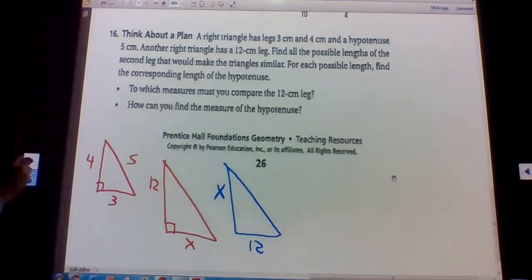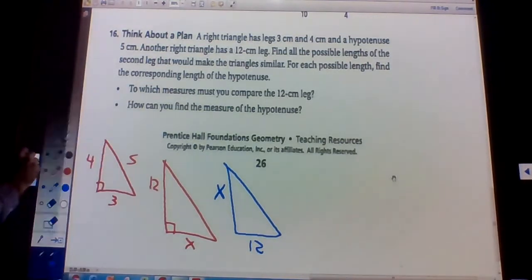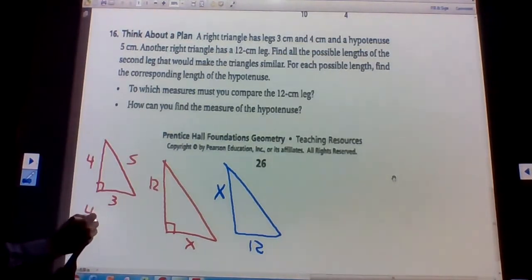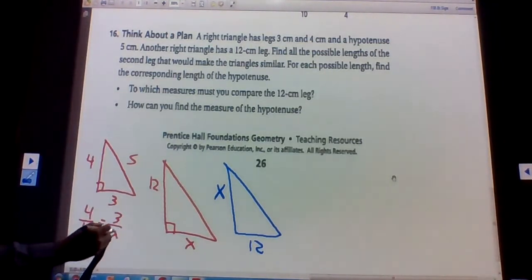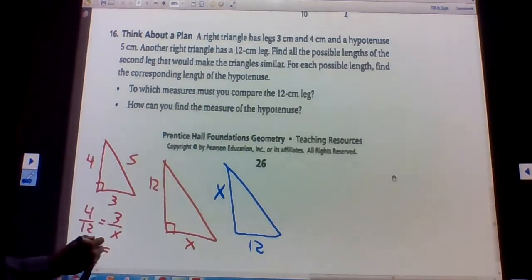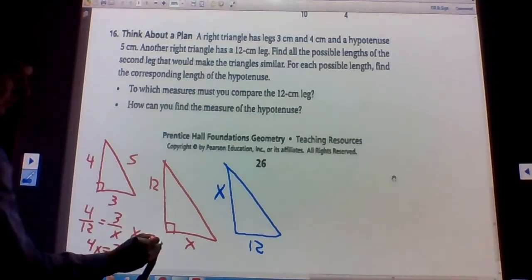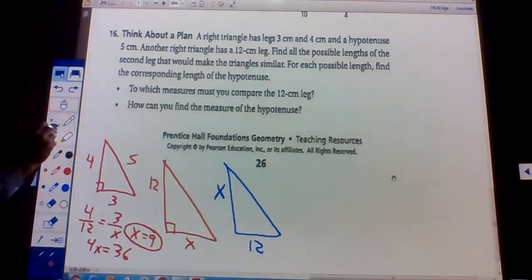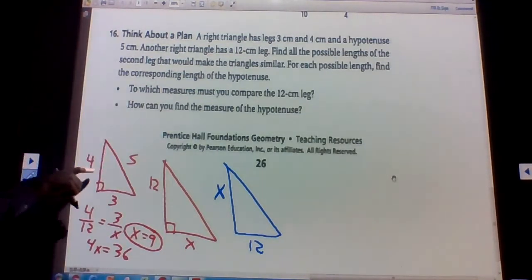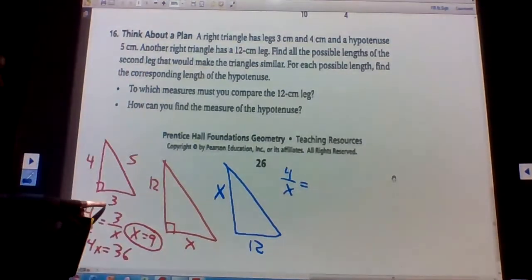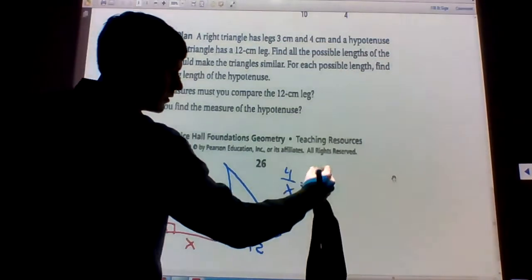So for the first one here, our ratio would be 4 over 12 equals 3 over x. We cross multiply, we're going to get 4x equals 36. Divide by 4, x would be 9. Okay, if we try the other one, 4 is going to correspond with x, so it's going to be 4 over x, and then 3 would correspond with 12.